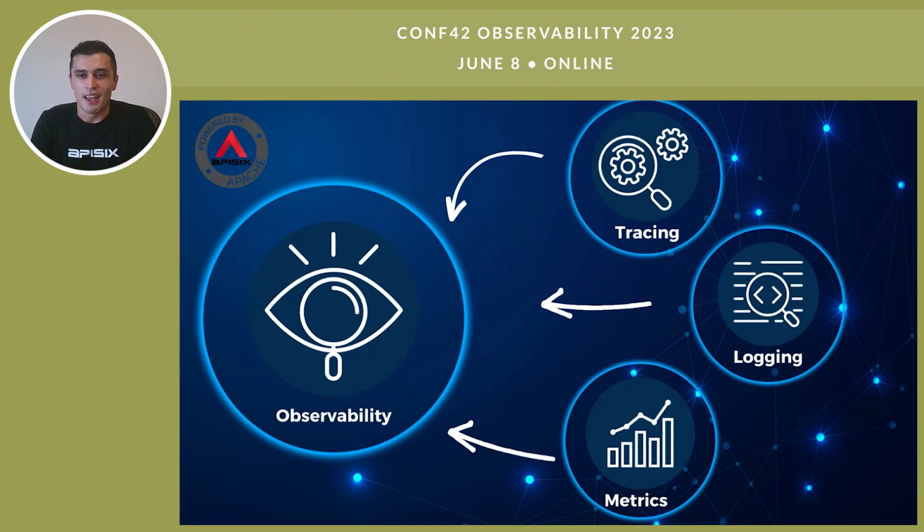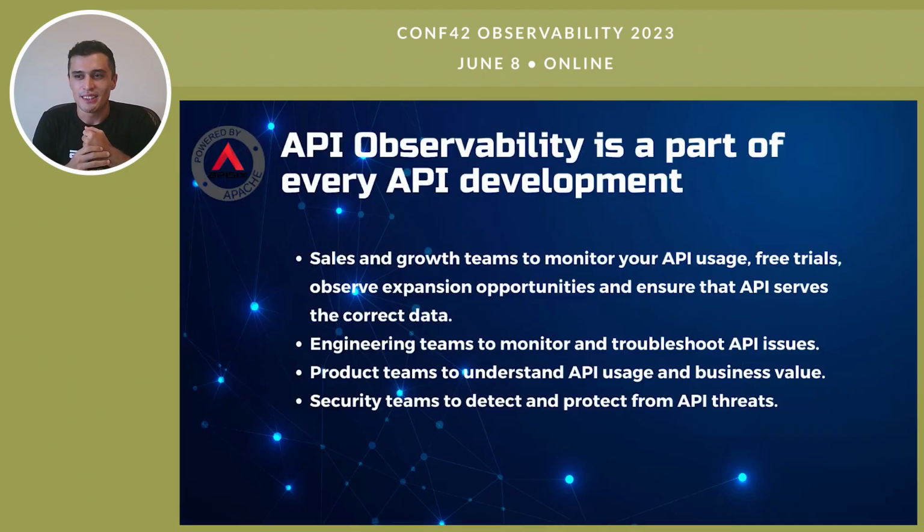Nowadays, API observability is already part of every API development, right? As it addresses many problems related to API consistency, reliability, and the ability to quickly iterate on new API features.